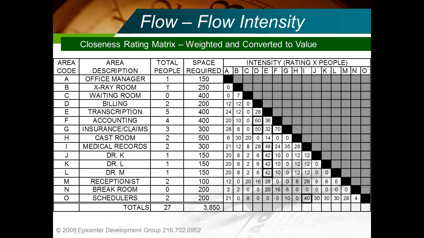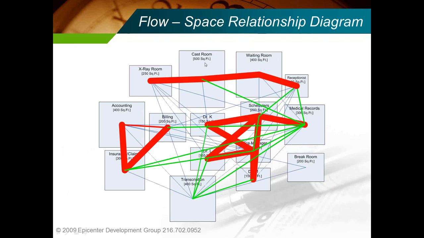And then what we did is we gave them a score, and we put that rating in here, and we added them together, and then it gave us the space relationship diagram. So again, the thicker lines represent areas that need to be close to each other, like the receptionist and the waiting room need to be close. The waiting room and the cast room need to be close because they didn't want people to be walking too far.